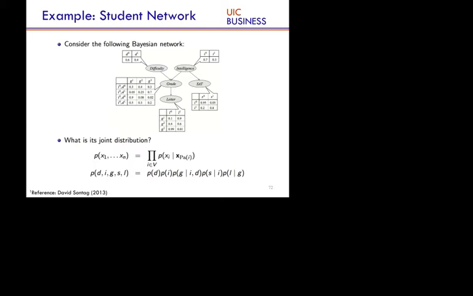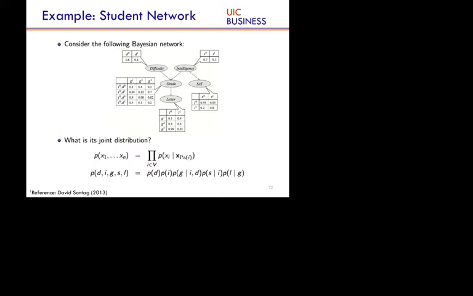Then it's completely specifying the distribution of that random variable. Probability of capital I equal to I0 is 0.7, probability of capital I equal to small I1 is 0.3. So these two are probability tables, and these other things are conditional probability tables.